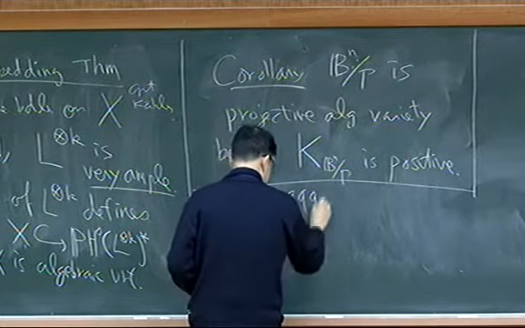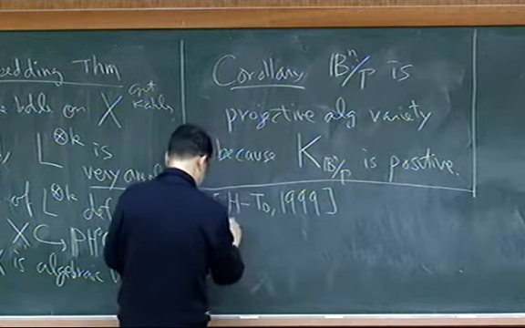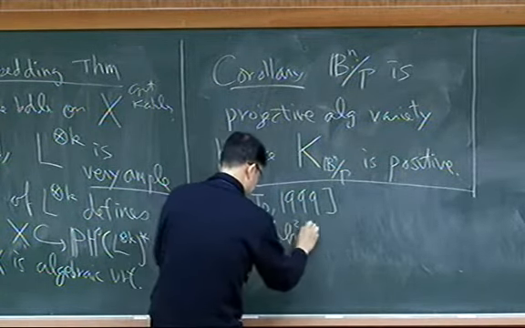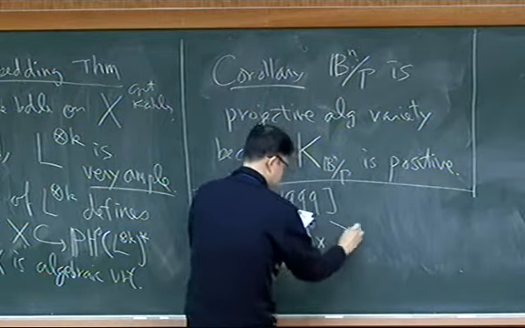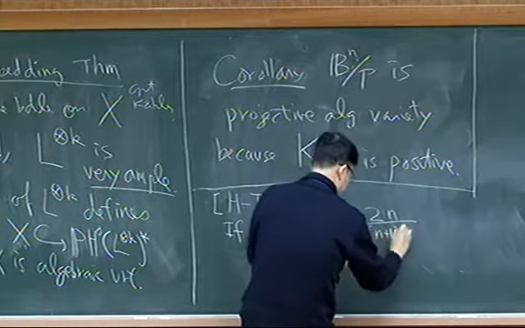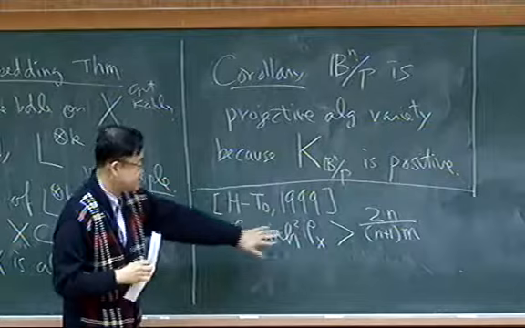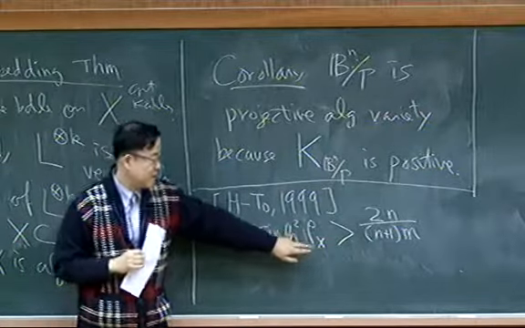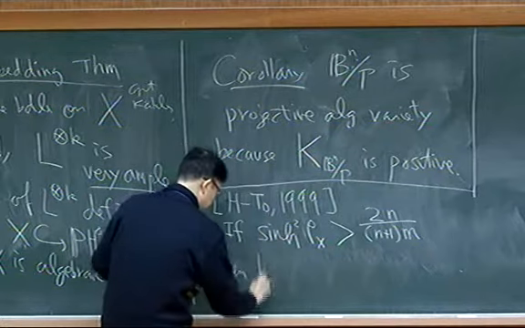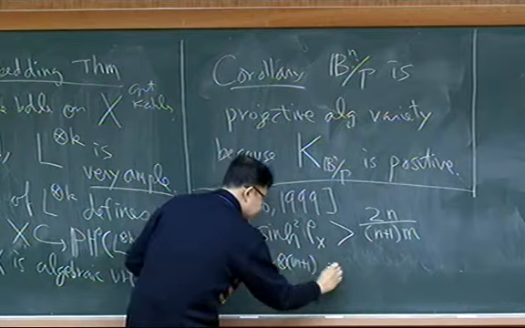1999. Where we show that if this inequality holds, where rho_X is the injectivity radius and m is some number, then K_X tensor (m+1) is very ample.